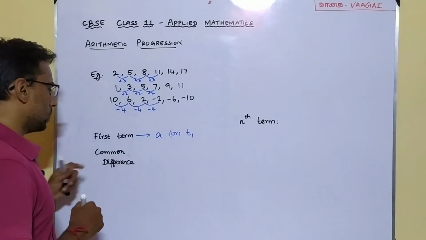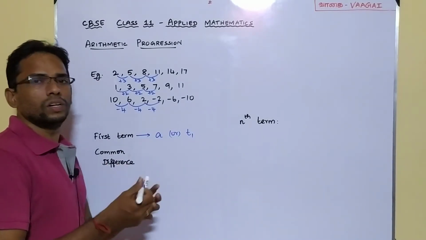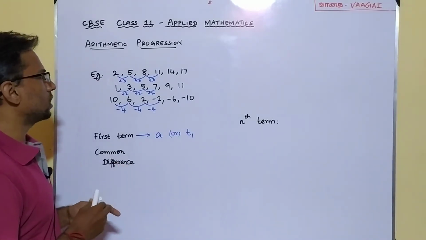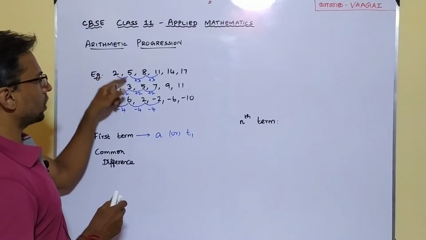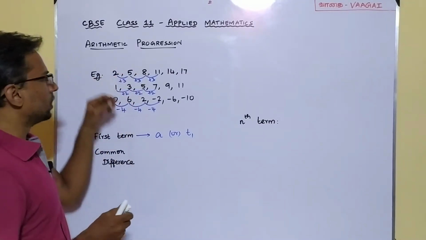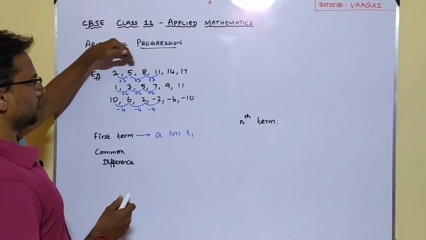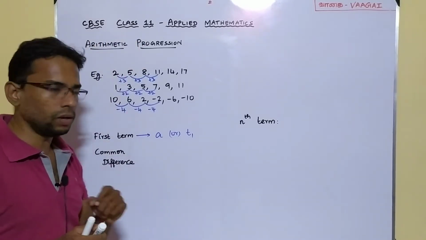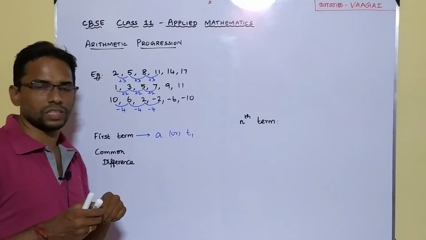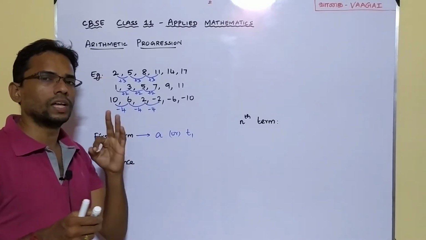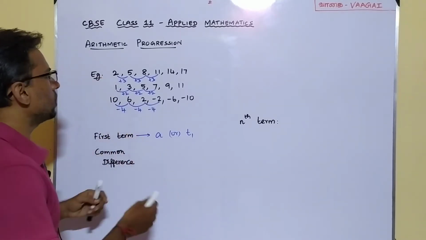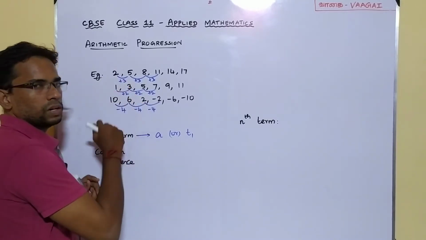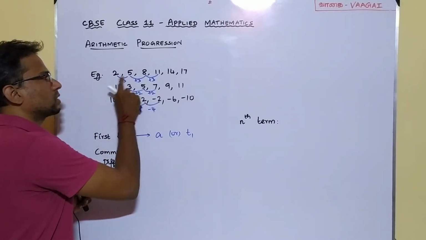And next, common difference. Now what is this common difference? This common difference is nothing but the number which you are adding, or I can say the difference between the two successive terms you have here. For example, if you take this first sequence, here our common difference is 3. How is it 3? It's very simple. If I want to know the common difference, I can take the second term and subtract the first term.